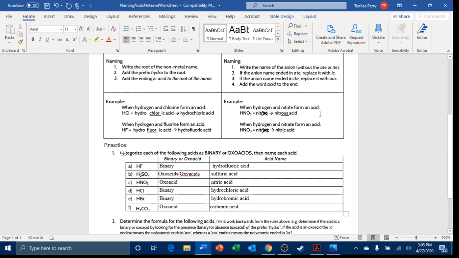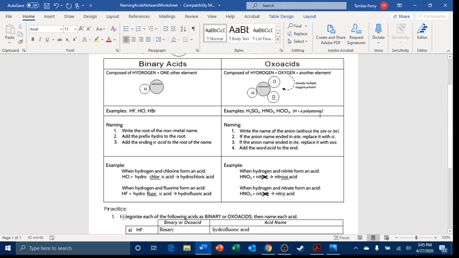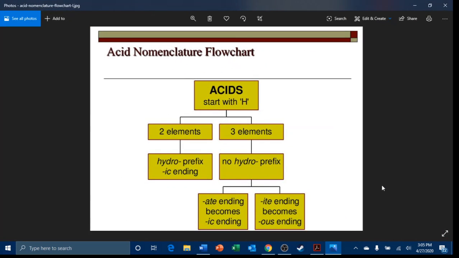Now, if you have questions, please let me know. There's also a chart over here that I'm going to download for you, or if you want to take a picture of it, that kind of says the same thing, and it's a little easier to see. So if you have 2 elements, that's binary, and you have hydro and then ic acid. If it's 3, it's an oxoacid.